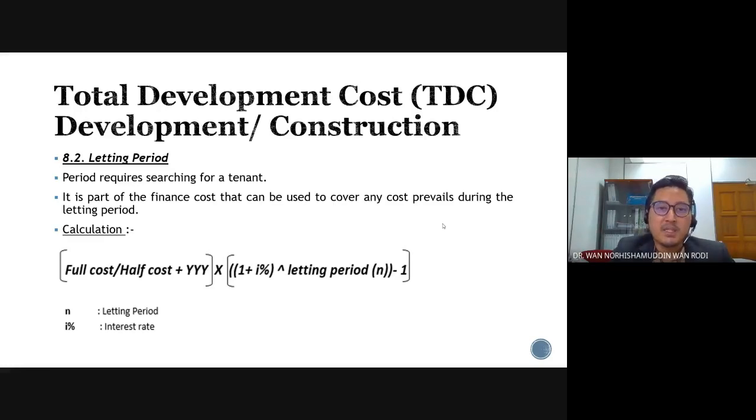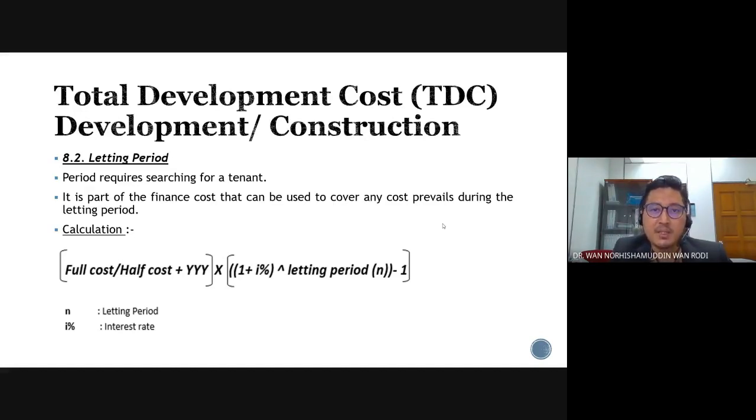So after the building is completed, let's say you are constructing a purpose-built office. Once the project is completed, you need to allocate a certain period of time to find a tenant. It is not as easy as once you complete the project, the tenant will come and rent your property as fast as they can.